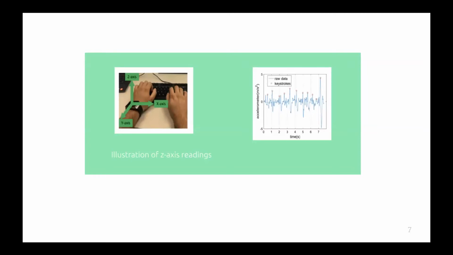The y-axis is frontwards and backwards, the x-axis side to side, and the z-axis upwards and downwards. On the right-hand side is a function of time with the raw data being the z-axis and actual keystrokes being identified by the red dots.